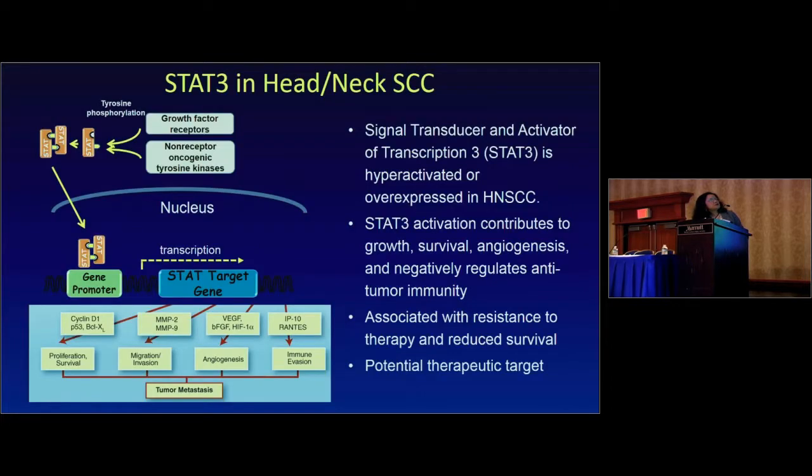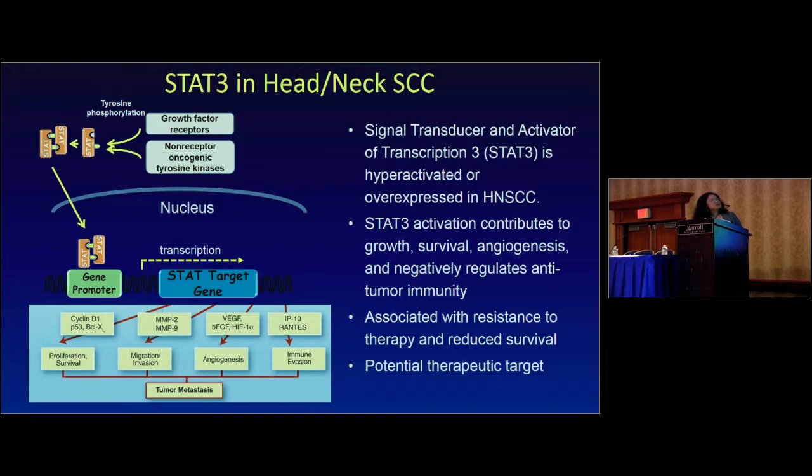We then collaborated with the lab of Jennifer Grandis at our Cancer Institute, and she's been working with STAT3 in head and neck cancer. Now, STAT3 is a transcription factor that's hyperactivated or overexpressed in numerous cancers, including head and neck squamous cell carcinoma.